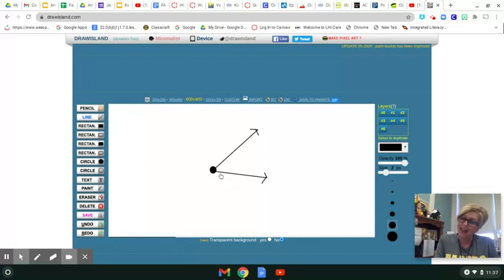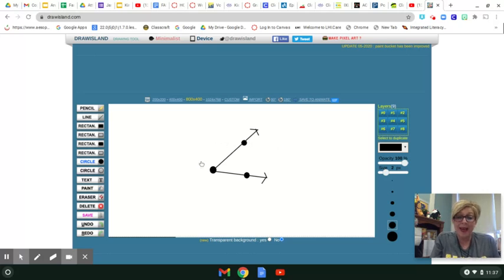They're connected and they're attached and they share that same endpoint, okay? So what I would do then, I would also need to put another point on this ray and another point on this ray, okay? Now I have what's called an angle, and angles can be all kinds of different sizes. I made a simple angle.